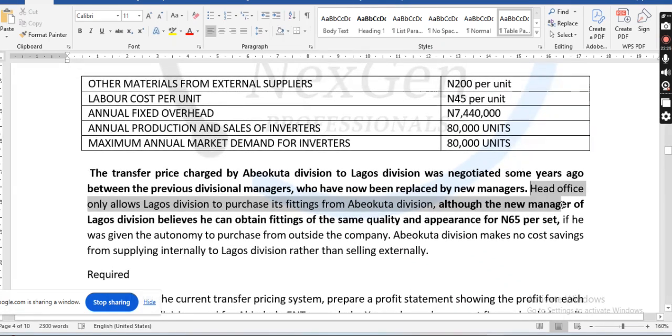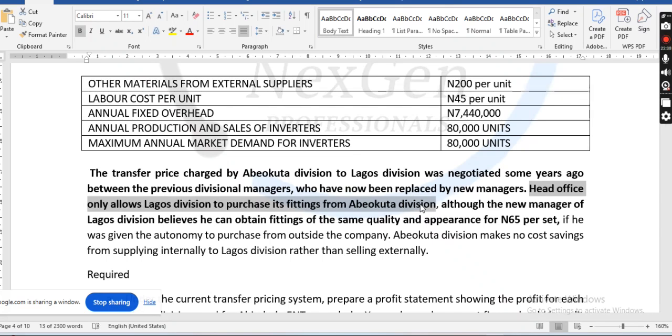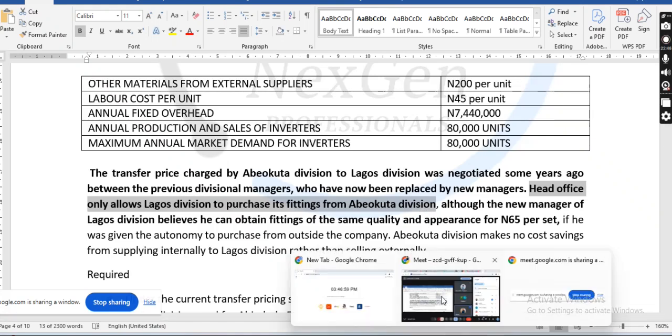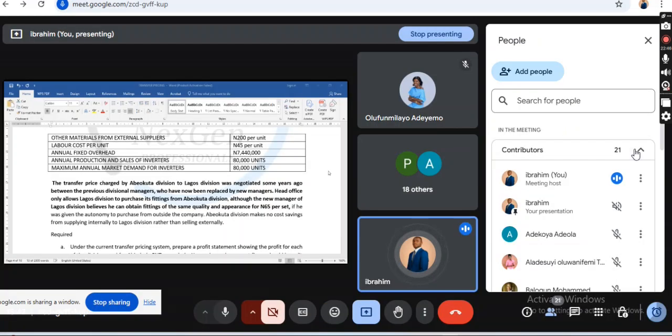The policy is that the office only allows Lagos division to purchase its fitting from Abeokuta division. That is the policy. You must buy it. So the remaining balance, Abeokuta PLC will now do what? We now sell to external after satisfying the internal, class. And that is the current policy.